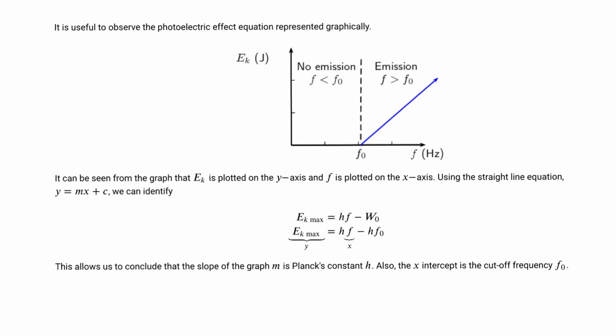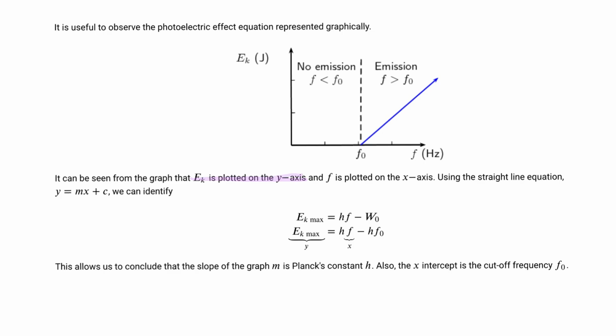Using graphs to represent the photoelectric effect is something that's quite important, because you're going to be given these graphs and we're going to ask you for information. So what we're looking at here is that you must understand that the EK value is plotted on the y-axis.